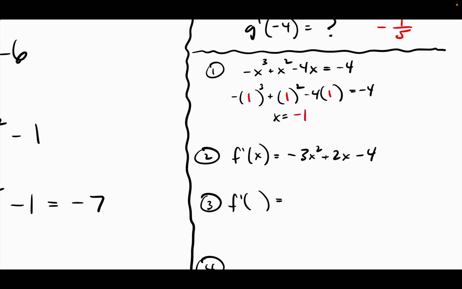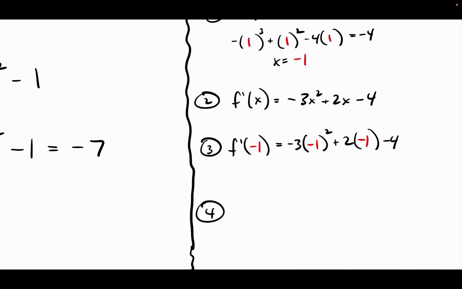Plug in the number you got from step 1. So we get negative 3, plus 2, minus 4.